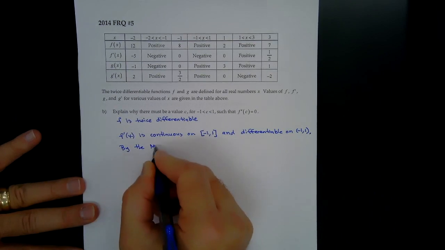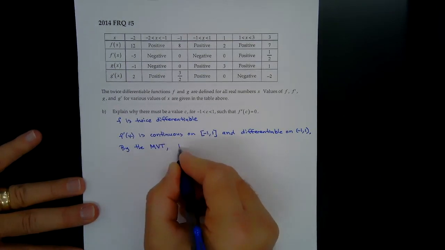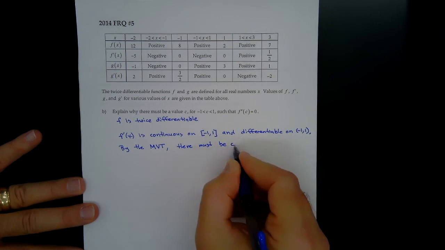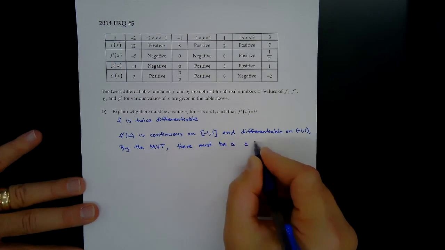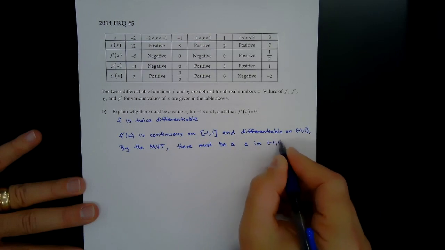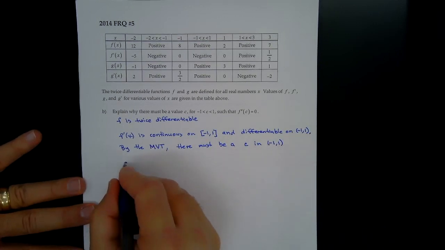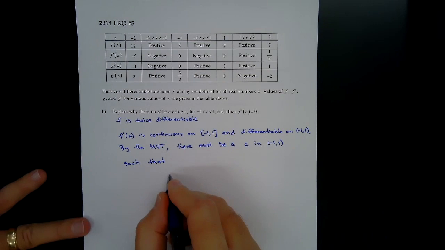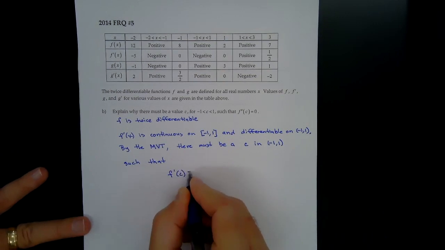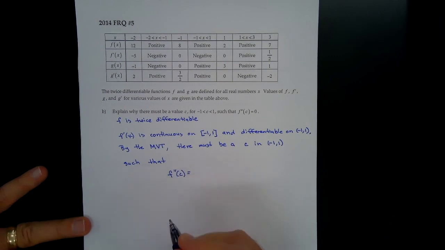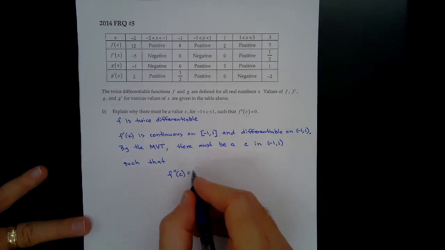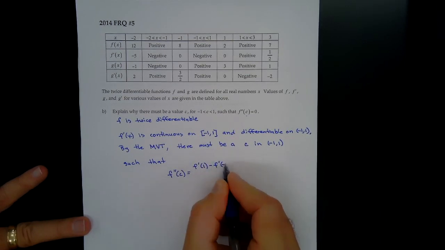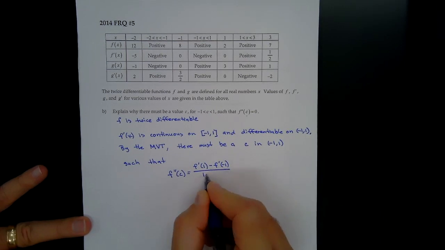And then by the mean value theorem, MVT, there must be a c in this interval, -1 to 1, such that, and here we can work it out, f double prime of c, because that's what we're working on, is equal to f prime of 1 minus f prime of -1 over 1 minus -1.